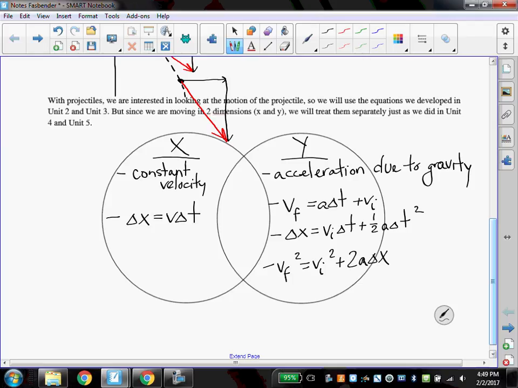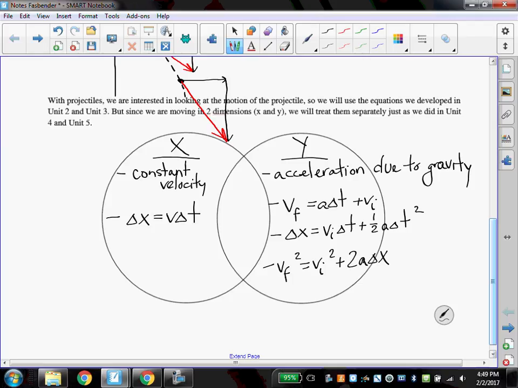Now, of course, this is a Venn diagram, so something has to be in the middle. If we look at what is in our x circle and what is in our y circle, we want to look for something that is in both circles, but is independent of the direction. Although I see a delta x, a displacement in both x and y, displacement highly depends on what direction you're moving.